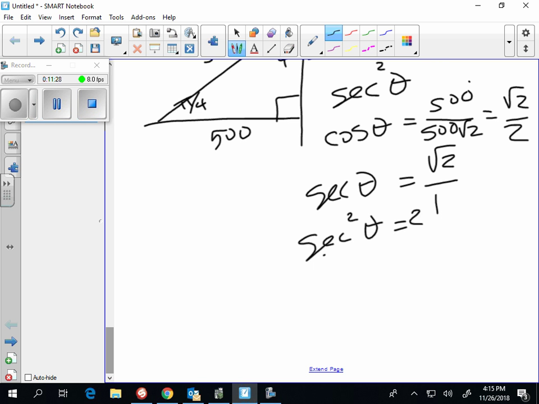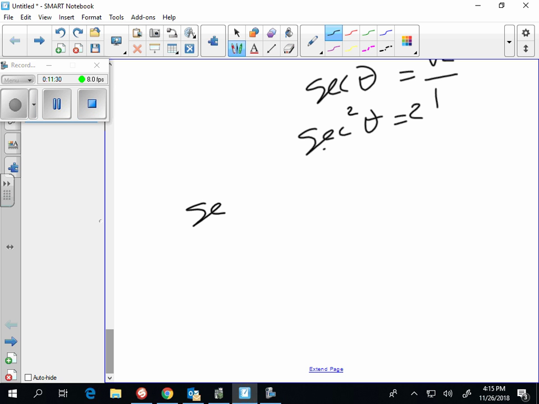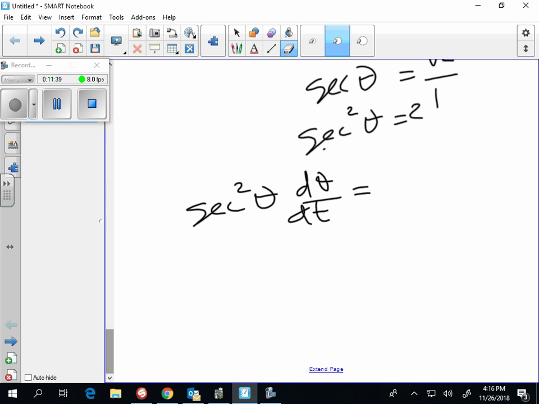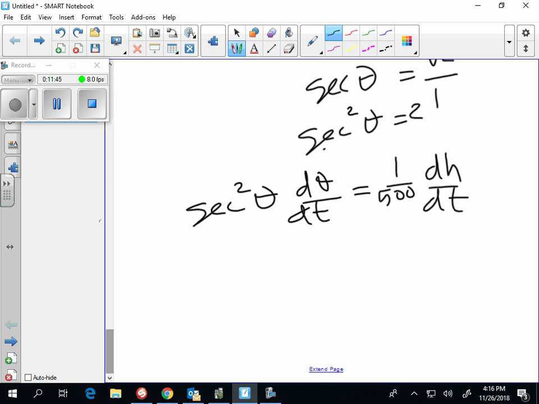So remember what we had. We had secant squared θ dθ/dt equals 1/500 dh/dt. Well, if I multiply both sides by 500, I'll get dh/dt alone. And that'll be, we said secant squared was 2.